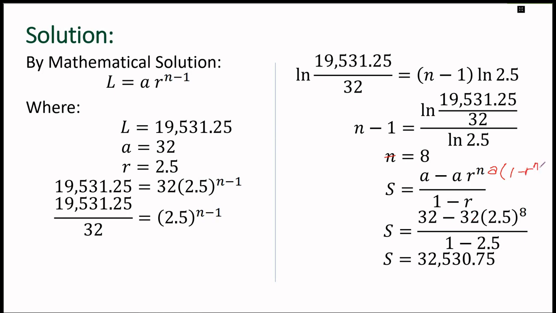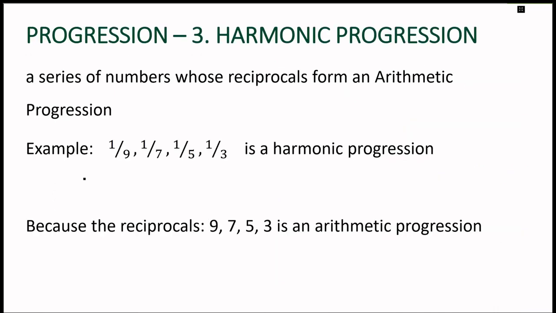Then you can also do that instead. So we have what we call the harmonic progression. Instead of before, arithmetic, where it is added, this time we take the reciprocal.